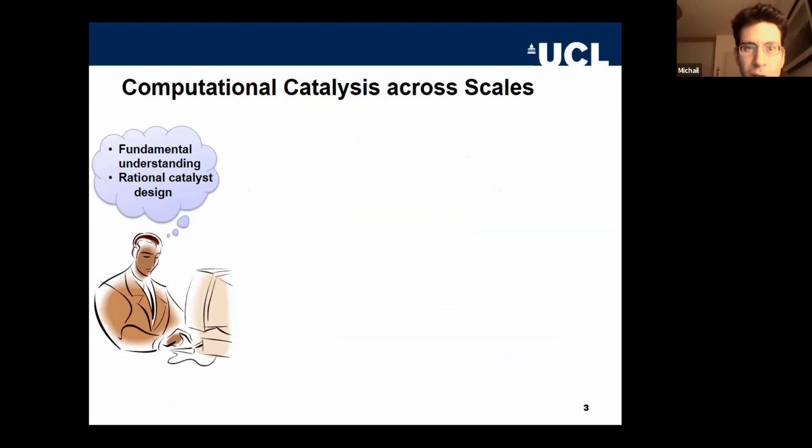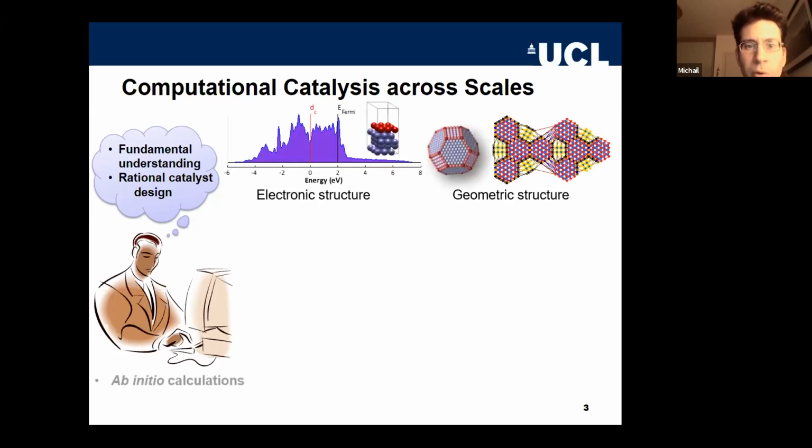So we use computations, theory, and simulation to try to inform practitioners in industry on what types of materials might be potential candidates, promising candidates for certain applications. So we aim at, first of all, getting some fundamental understanding, and second, aiding in the design, the engineering of catalytic materials. So this is our aim. How do we do this?